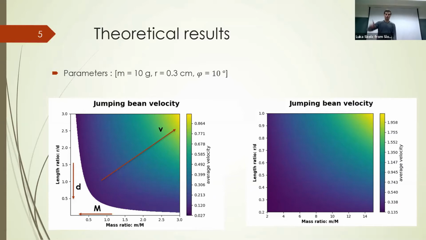Okay. Mass and dimension of the capsule are increasing in this direction. On the left side of the PowerPoint, the plot presents the same bean, but this time, however, with a different scale on the axis.